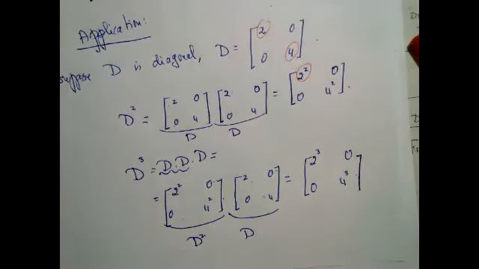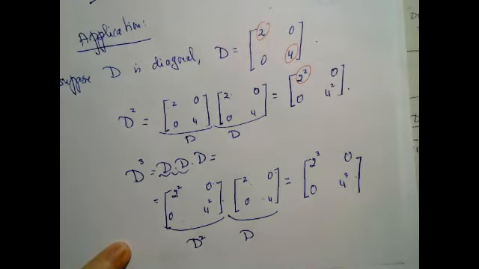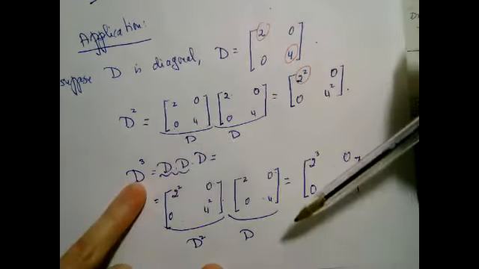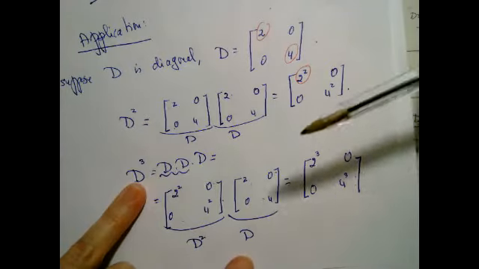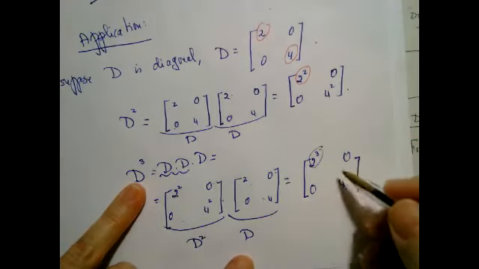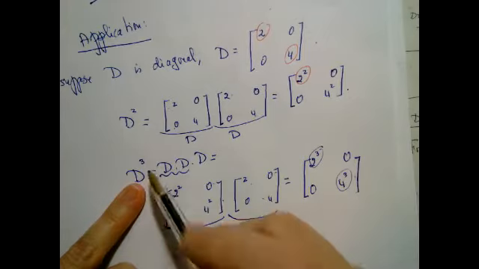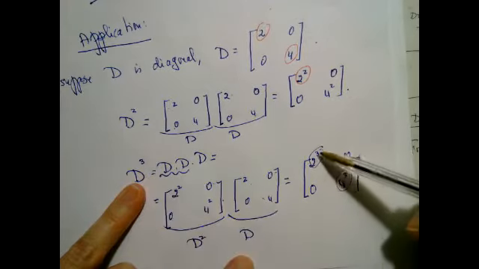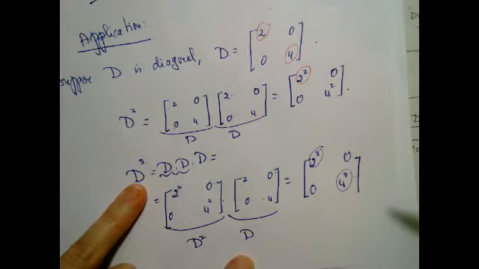Okay, so if I have a diagonal matrix, and that's crucial here, and I multiply it by itself 3 times, it's really equivalent to taking the terms along the diagonal and raising them to the power 3.